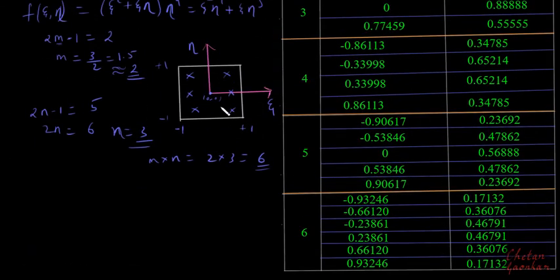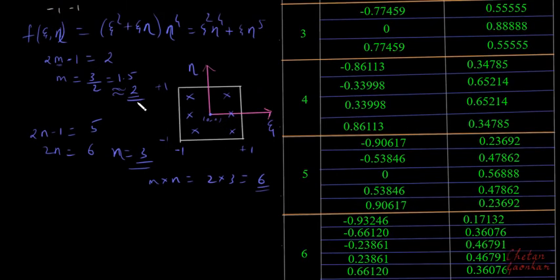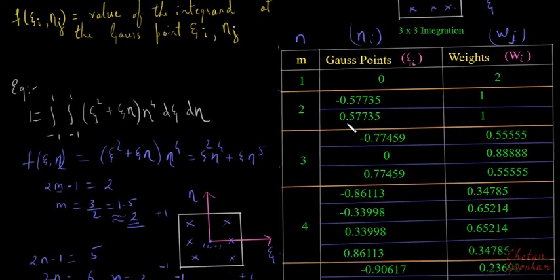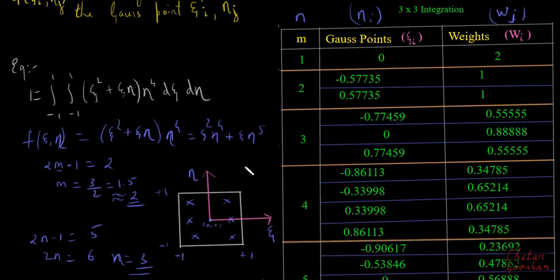The number of points in xi direction is only 2, that is minus 0.57735 and plus 0.57735. So if I look at this point, the coordinate of this in xi is minus 0.57735. The coordinate of this point in xi is also minus 0.57735.